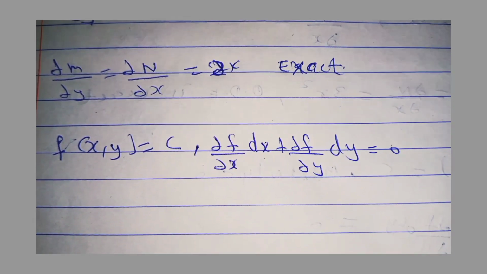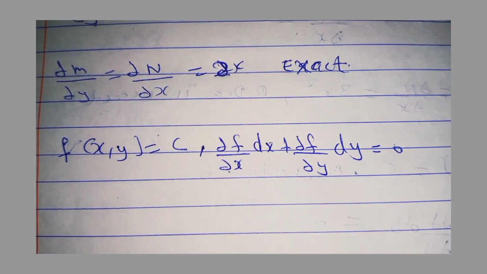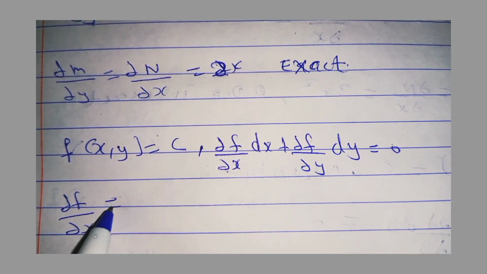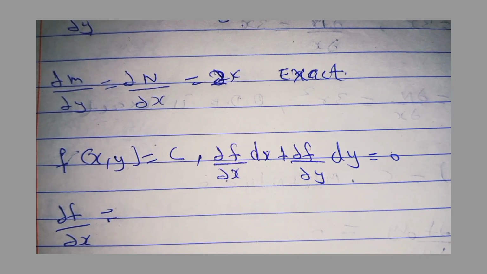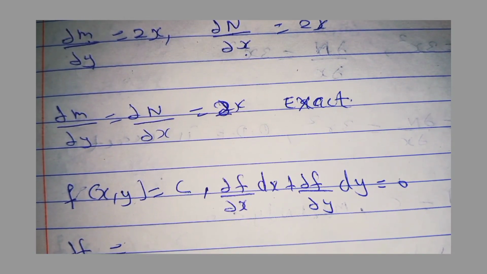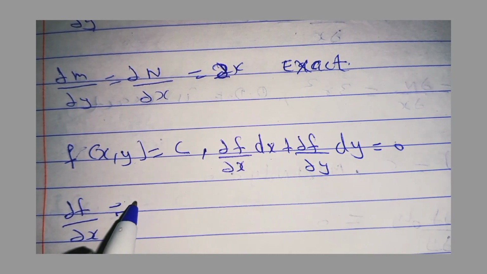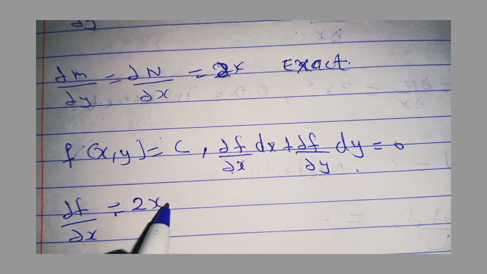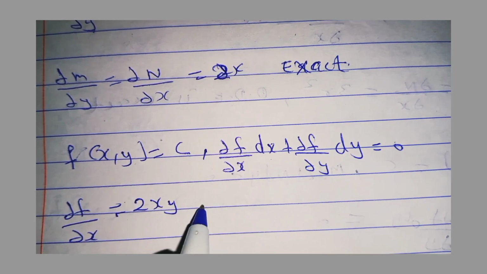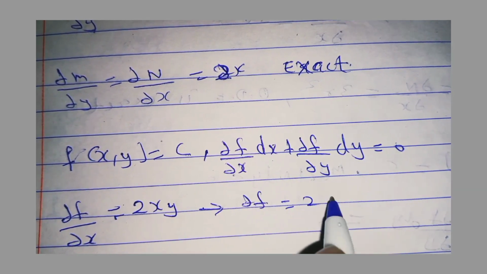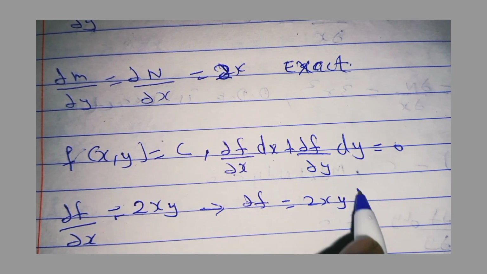Then from that, we compare. Our partial of f with respect to x is equal to the part which we are calling M, and our M in that given ODE is 2xy.